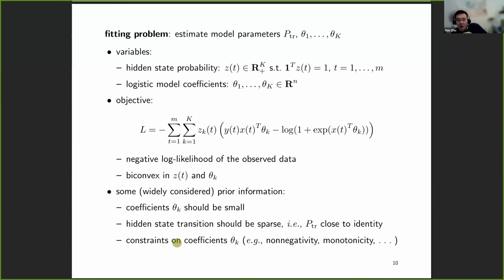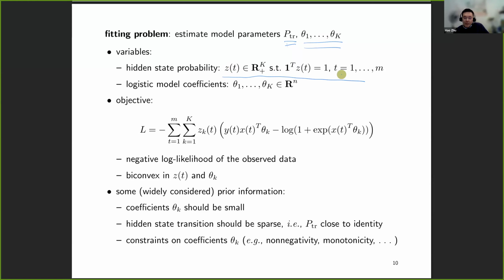Then, okay. For the fitting problem, we want to search for the transition matrix and the parameters. So what we do is the following. Instead of directly modeling the transition matrix, which is what the Baum-Welch algorithm does, right, what we do is first learn or estimate these hidden state probabilities, similarly to what we did for the k-means clustering.